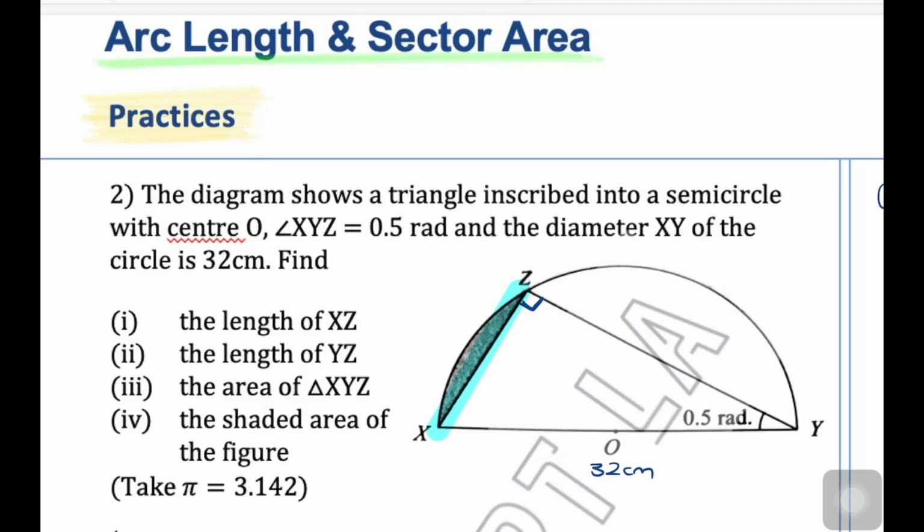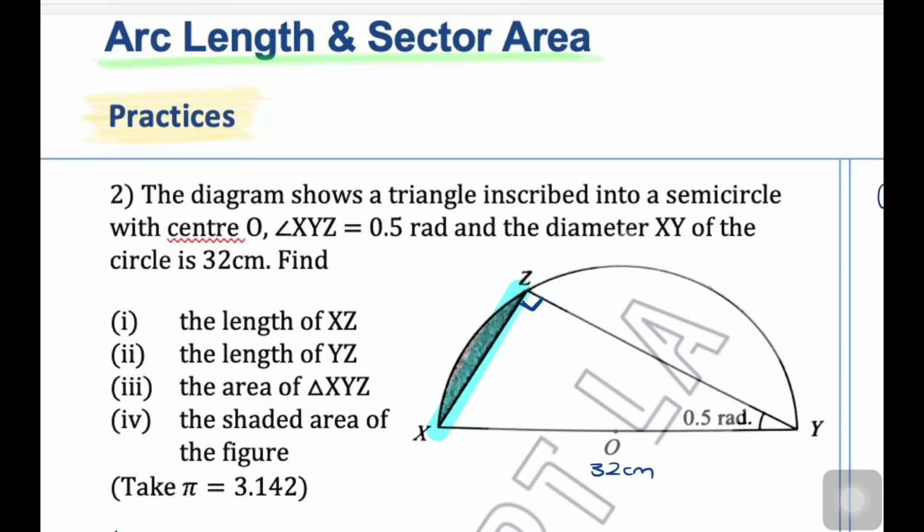So if you realize that this is a right angle triangle, then things are a little more straightforward. To find the length of xz, we can use our trigo formula. So in this case, this is a right angle triangle, so I can use my SOH CAH TOA.